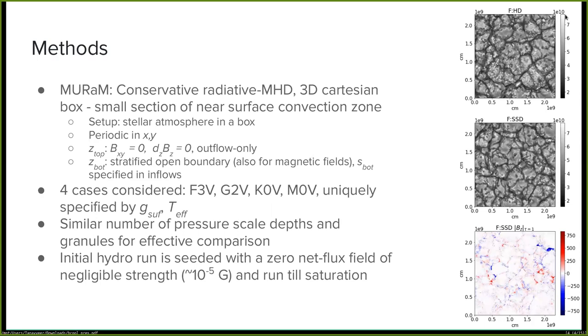To actually get the small-scale dynamo cases, we ran some initial hydrodynamic cases for several hours, till convection was pretty much in dynamic equilibrium. Then we introduced a zero net flux field of negligible strength, about 10⁻⁵ Gauss. Then we ran all the cases for several more hours till the field was saturated, and then for some more hours to allow for a decent range of time to average over.